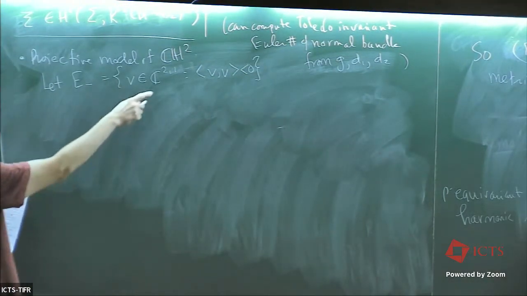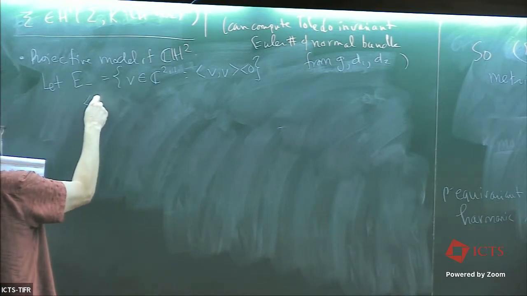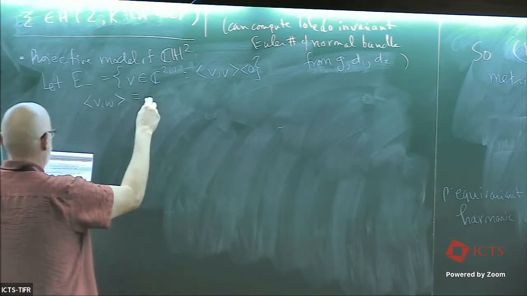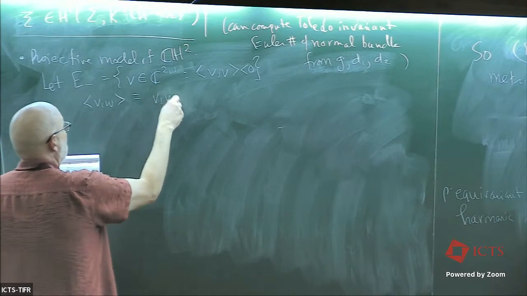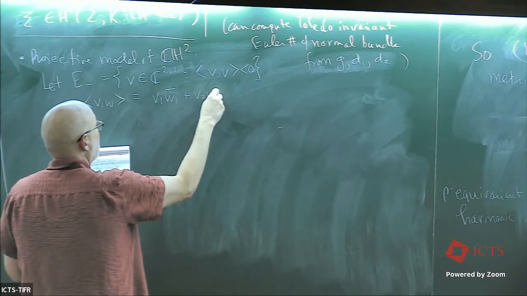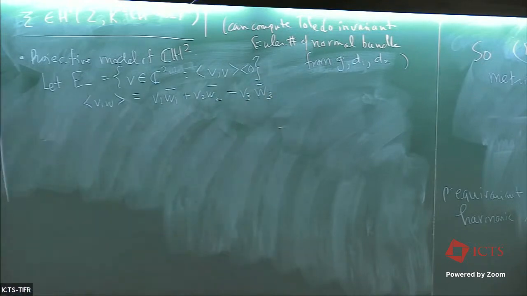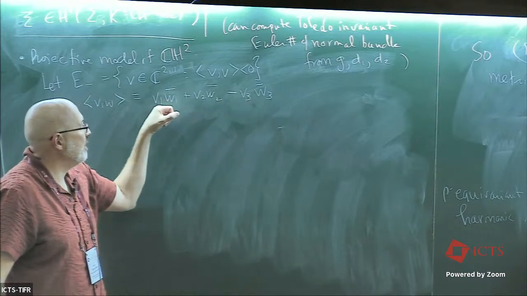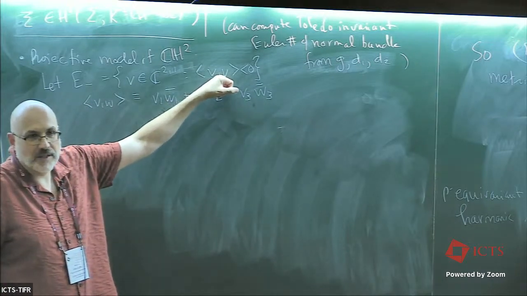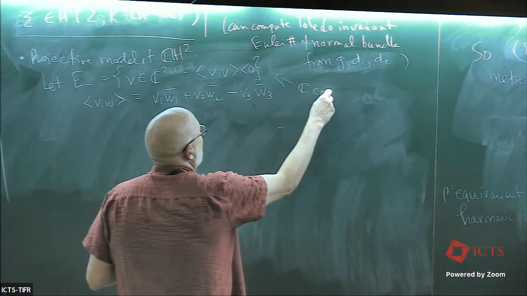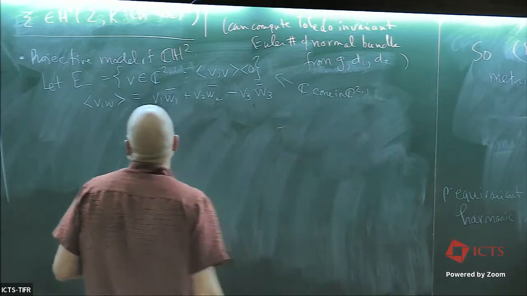The metric on C^{2,1} is the following: the pairing of V and W is V1 W1 bar plus V2 W2 bar minus V3 W3 bar. So it's a Hermitian inner product, but with this (2,1) signature. If the V3 component is bigger than V1 and V2, then it is possible to have these light-like situations. And so basically, this is going to be a complex cone in C^{2,1}.